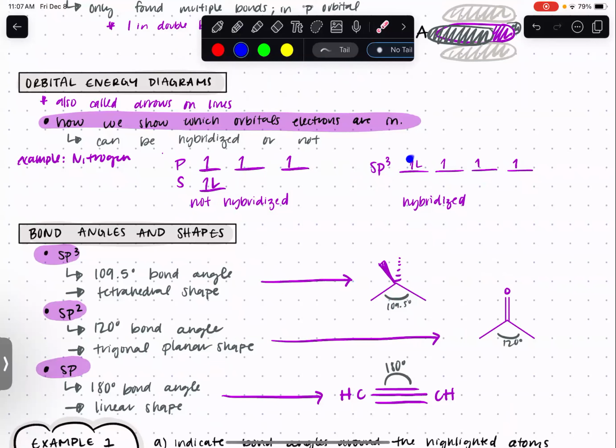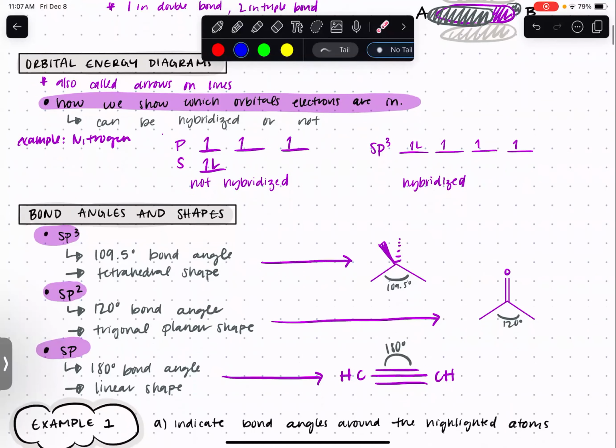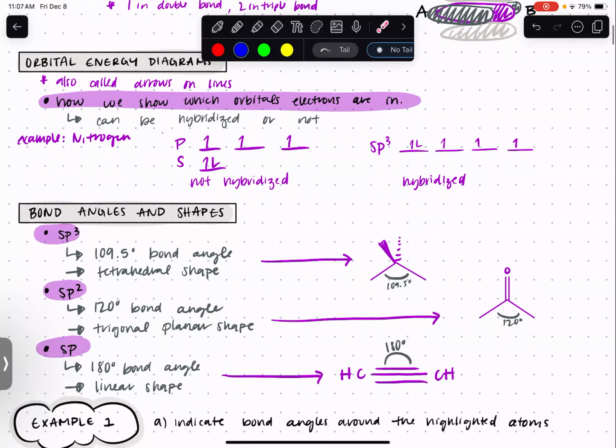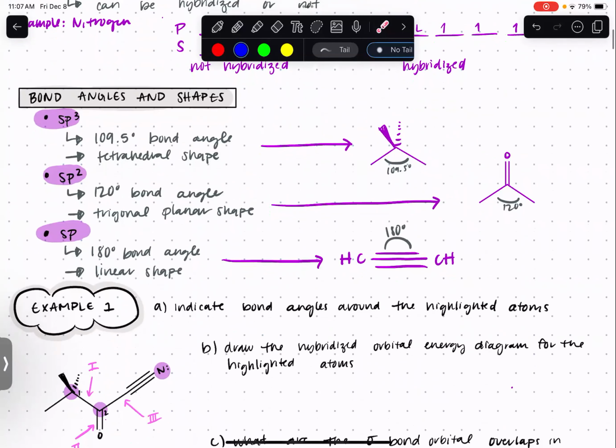One of them has 2 electrons in it, and the other 3 are going to have 1 electron each. These 3 that have 1 electron are what is able to bond with other atoms, right? This is why nitrogen likes to form 3 bonds, because it has 3 sp3 orbitals that are only half full. And this one with 2 electrons in it is going to be that lone pair that we typically see on nitrogen.